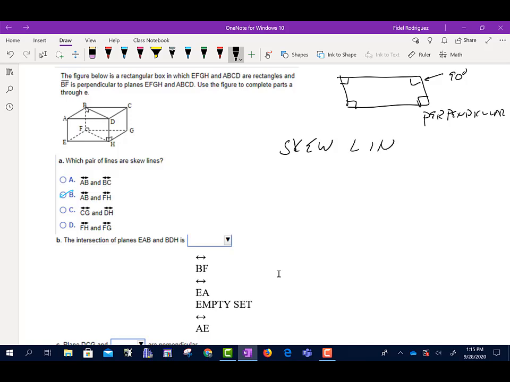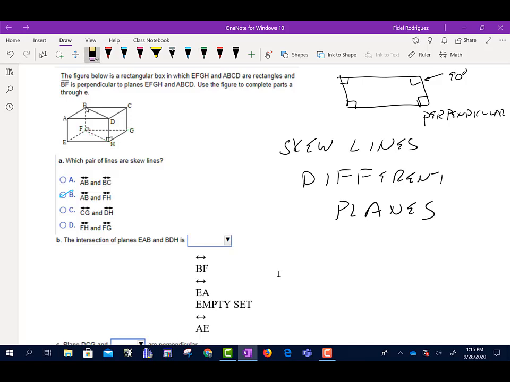Skew lines are in different planes. Okay. And then finally it says FH, so where's FH? This one down here. And FG, no, they're in the same plane and they intersect at that point. Okay, so we don't want that one.